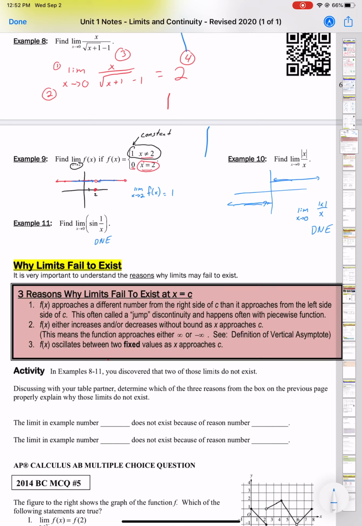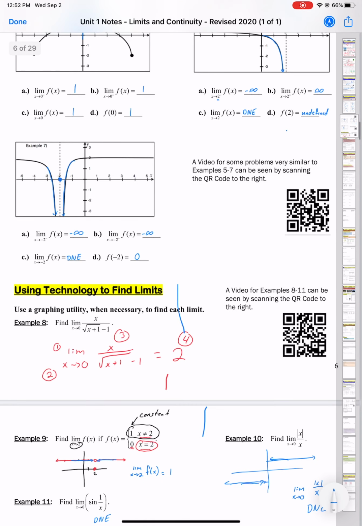Reason 2, f of x increases and/or decreases without bound as x approaches c. That means the function approaches either positive or negative infinity. We saw that yesterday. Down here with example 7, the function just kept going down forever. So there wasn't actually a limit, it would just keep going forever.